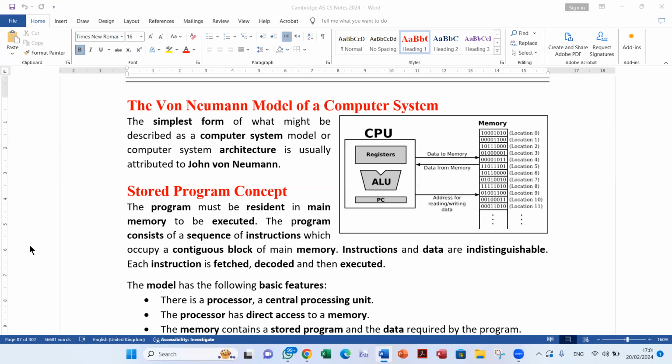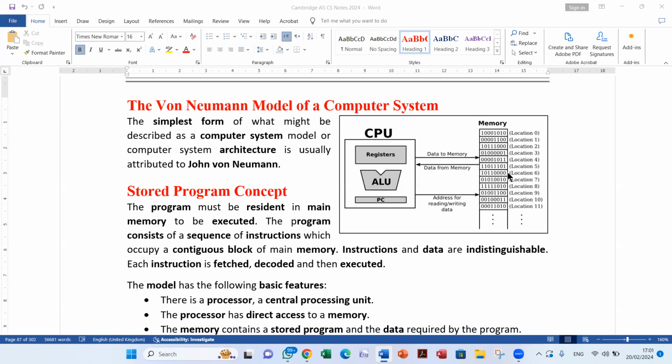Arithmetic means it carries out all the arithmetic calculations, and logic means it carries out all logic operations. This is where instructions are executed, where data is calculated, and results are written back to memory.